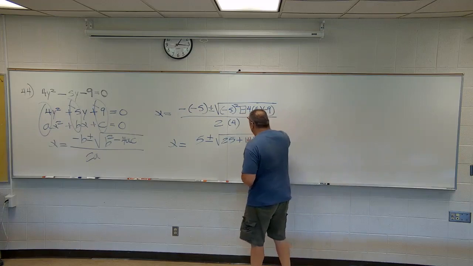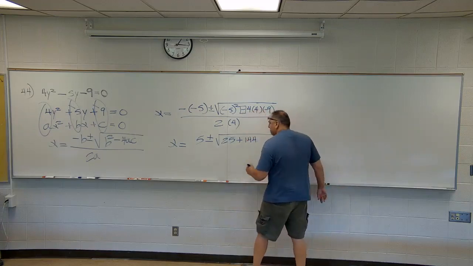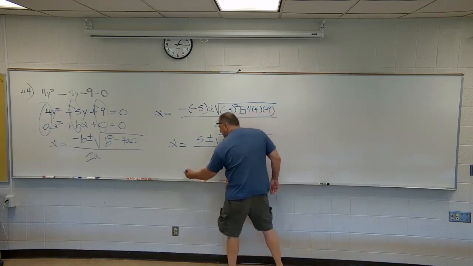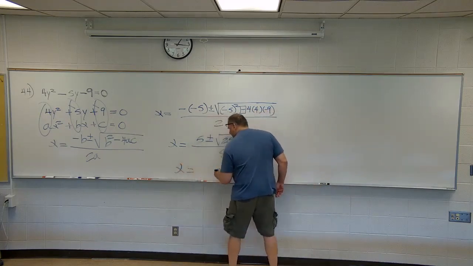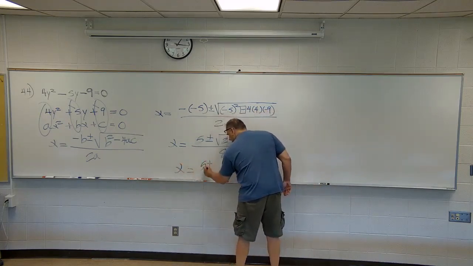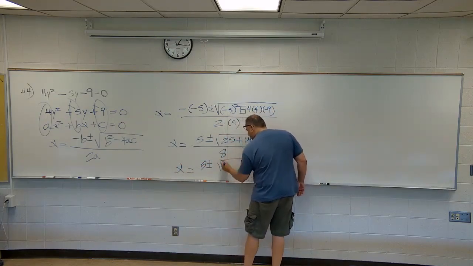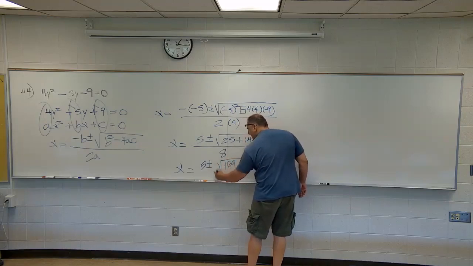Minus a negative 144 is plus 144. That's that. 25 and 144 is 169. The square root of 169 is 13.